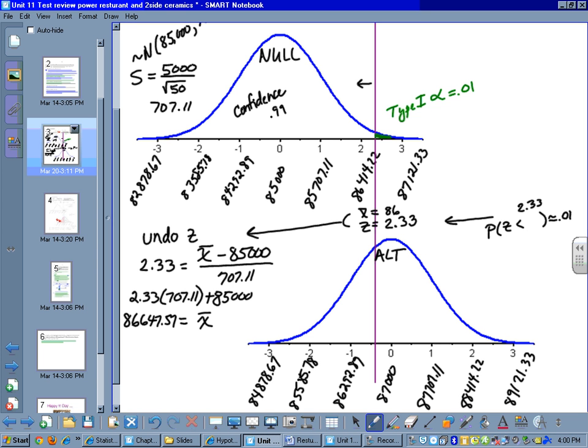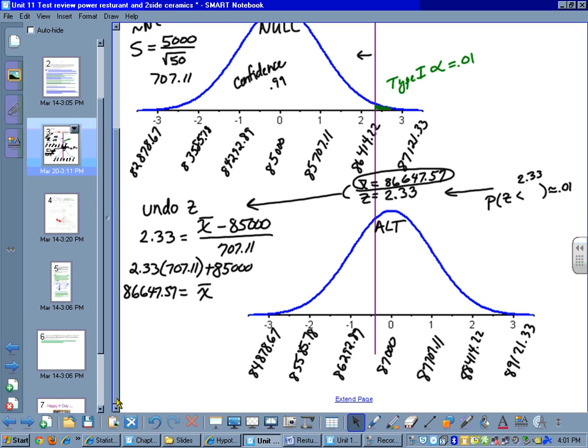That is my score that would cause me to have some problems for myself if I had a mean of 86,647.57. That is the key value that I needed to find.